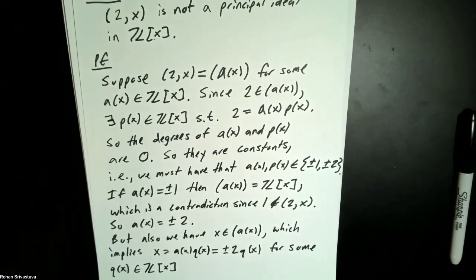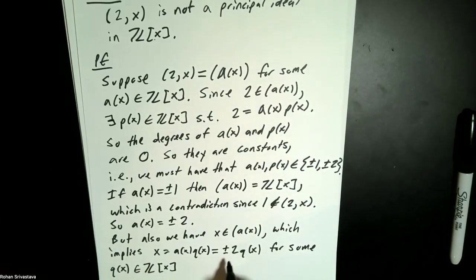But if Q has integer coefficients and we're multiplying all of them by plus or minus 2, then in particular, we cannot get something that has an odd coefficient or just has 1 as a coefficient in this polynomial, right?